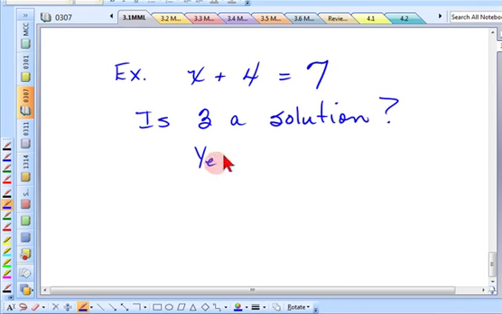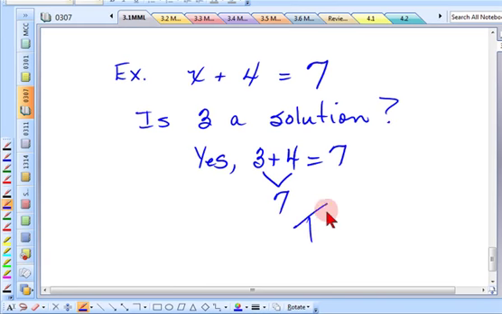So the answer is yes, 3 plus 4 indeed does equal 7. In other words, you checked it. You plugged it in, and it made a true statement. Agreed? That's what it means to be a solution. It means if you plug it in, it's the right number to make it true.